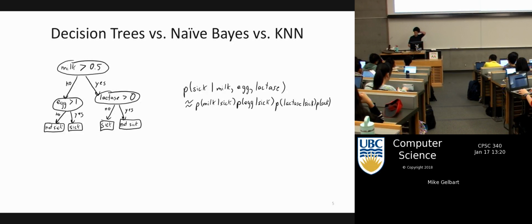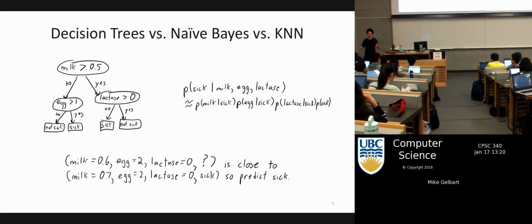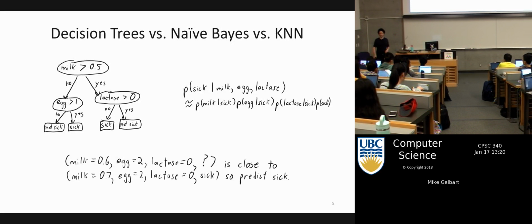Okay, so we had a comparison before of naive Bayes and decision trees. We've talked about three classifiers so far in the course: decision trees, naive Bayes, and KNN, and these are kind of cute little diagrams of each one. So you could have decision tree, sequential rules based on one filter at a time.